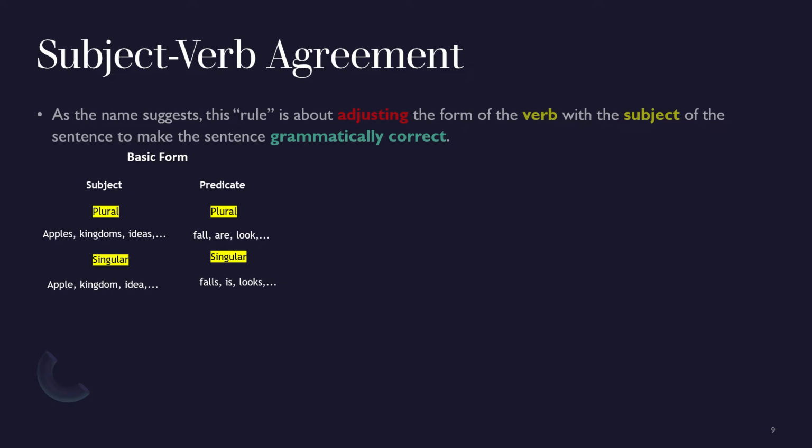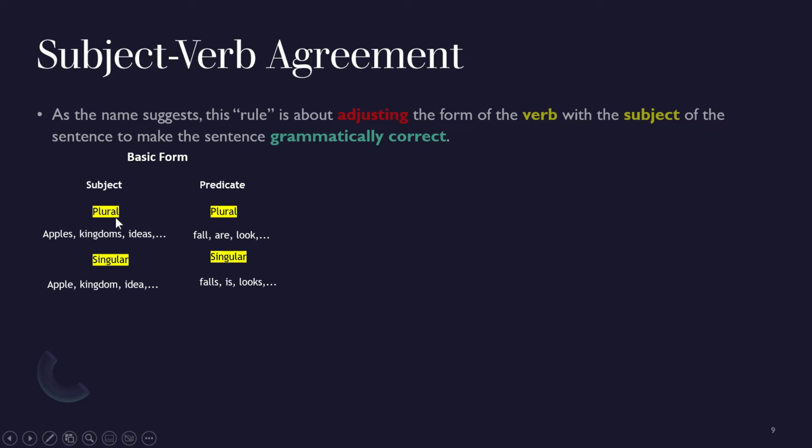So, in short, if the subject is plural, more than one item here, then the predicate or the verb must be in plural form. Also, if the subject is singular, or only one item, then the predicate or the verb must be in singular form.